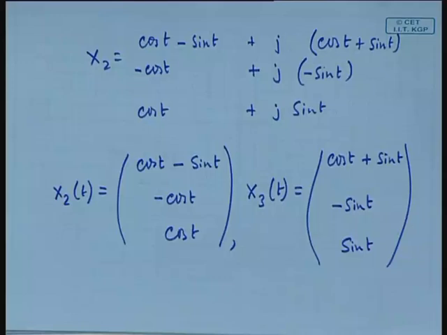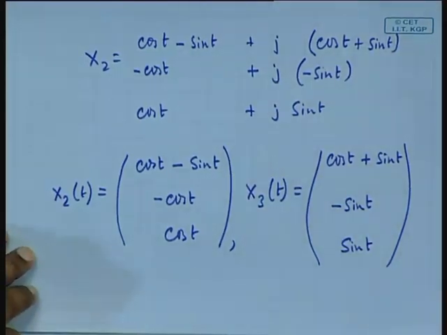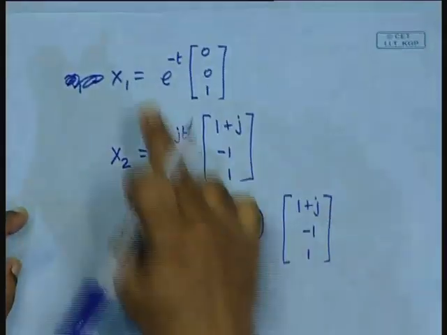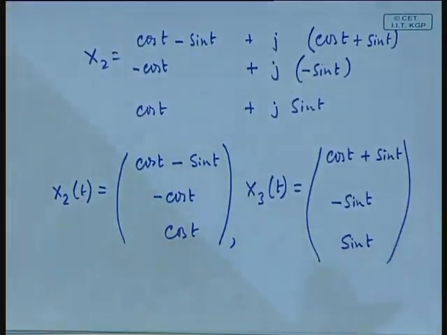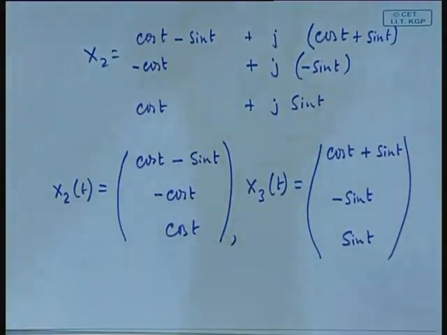Done. So, we have x1 and we have x2 and x3. x1 was this, and then we have x2 and x3. Now, just write down the final solution.